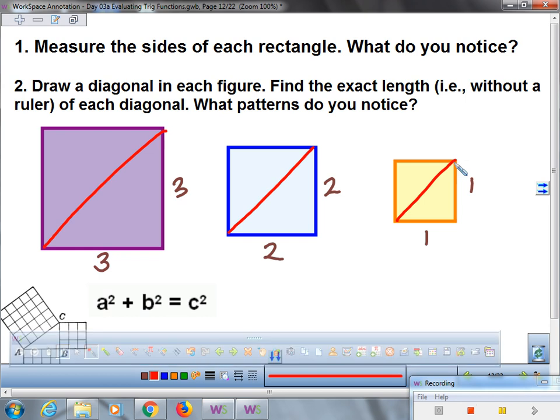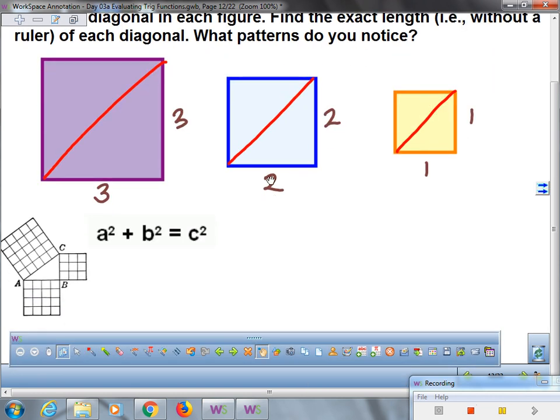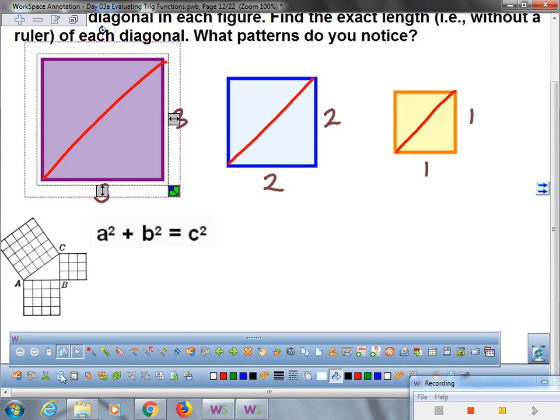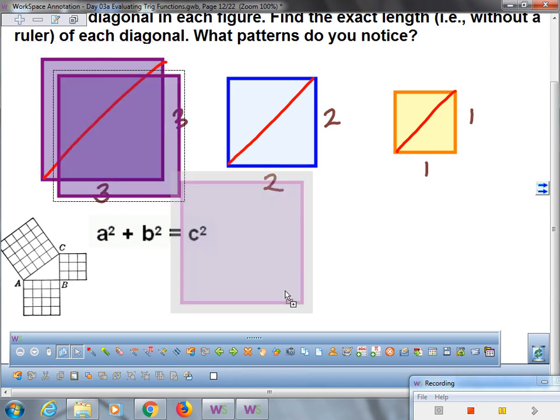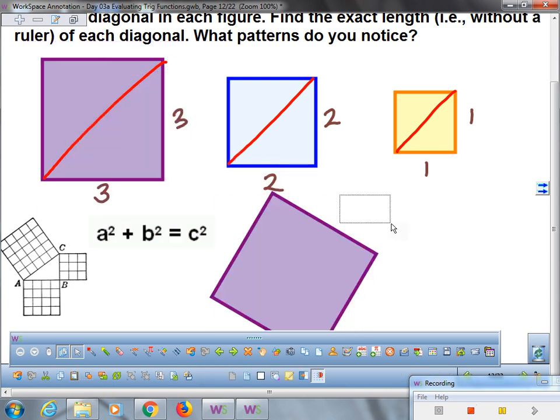So this half of a square turns into a triangle. It's not going to be perfect. I don't like it. You know what I'm going to do? I'm going to take this one, copy it, paste it, and turn it.